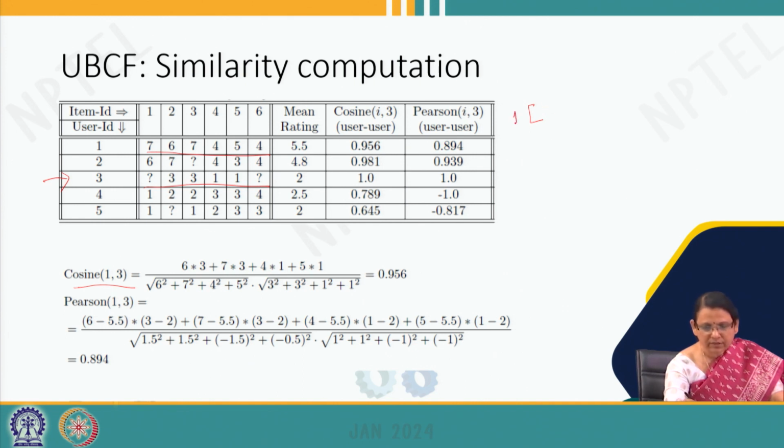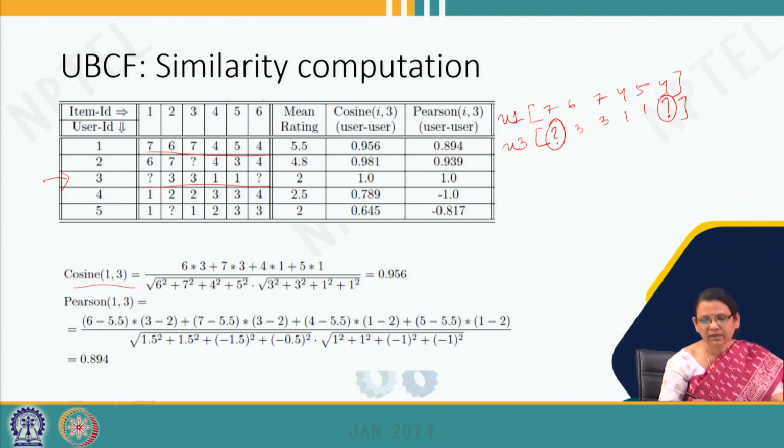For user 1 it is 7, 6, 7, 4, 5, 4, and for user 3 it is no rating, then 3, 3, 1, 1, and here there is no rating. We are supposed to predict these values, this place and this place.